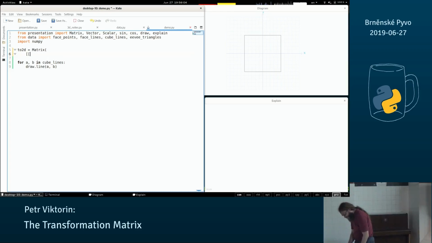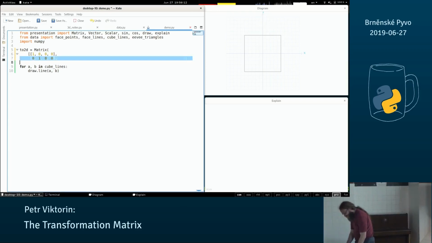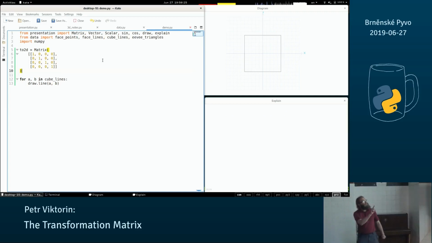Maybe if you went to school and were drawing some 3D-like pictures, they taught you to simulate the 3D by taking the z direction and adding a bit to the x and the y here.